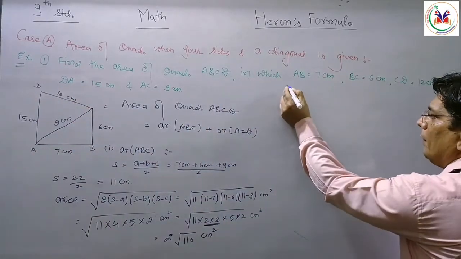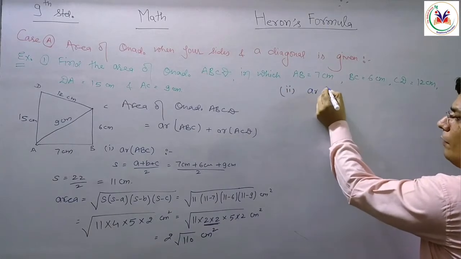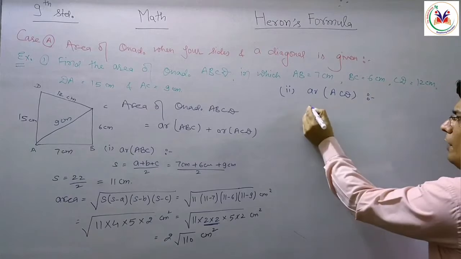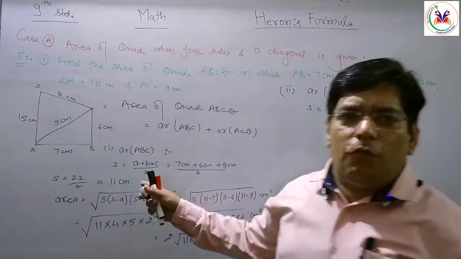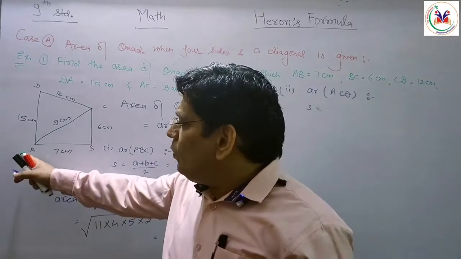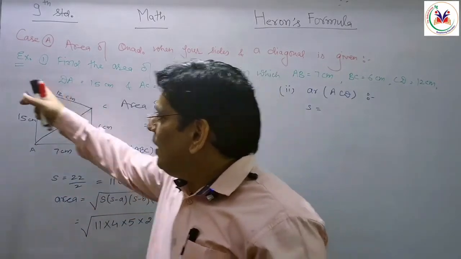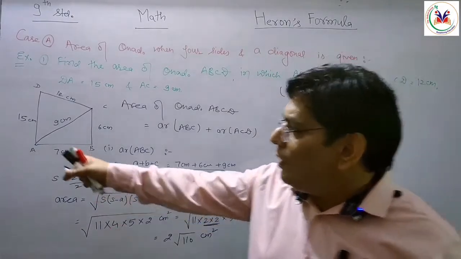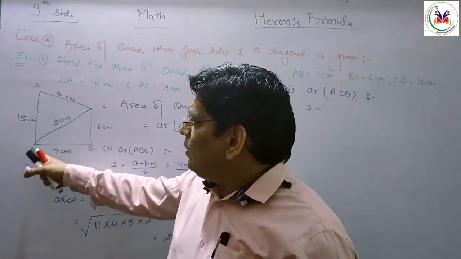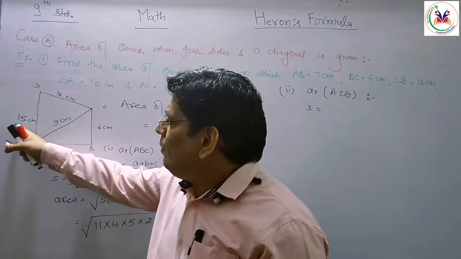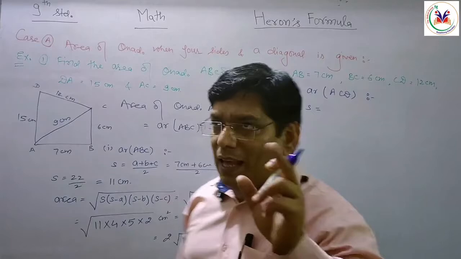Again, for the area of triangle ACD, we follow the same calculation we did previously, but the difference is that we take the measurements of this respective triangle. So the measurements of ACD are 12 centimeter, 15 centimeter and 9 centimeter.